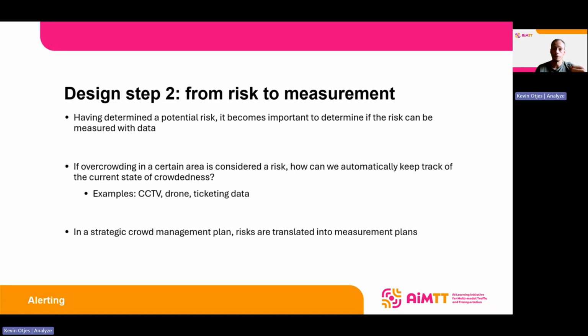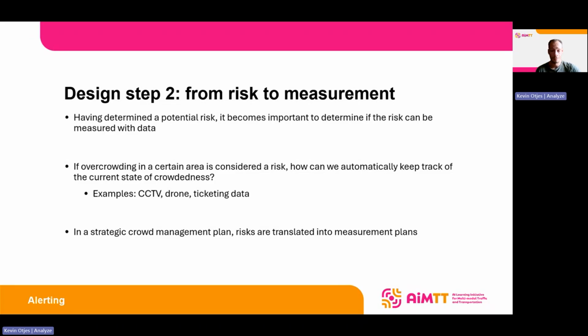But you start with identifying a risk, and then the next step to getting to your alert is to take that risk and see if you can actually measure it. Can we have data sources to make sure that we have a measurement on how this risk is developing? For example, if we think a certain area might overcrowd, how can we automatically keep track of the current state of crowdedness?